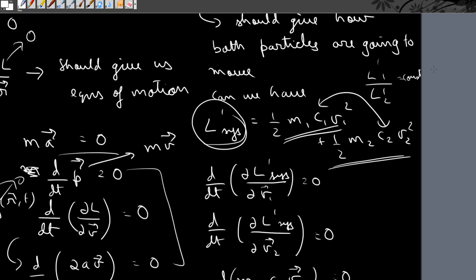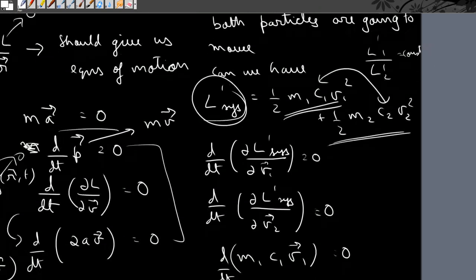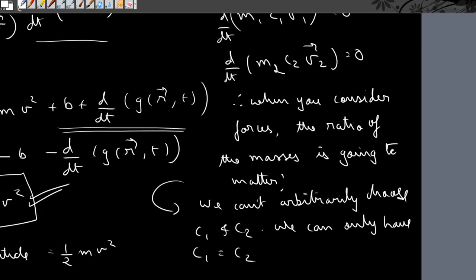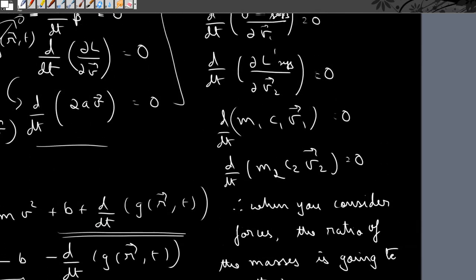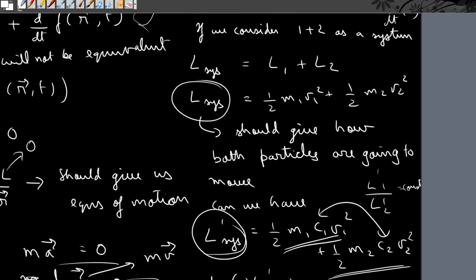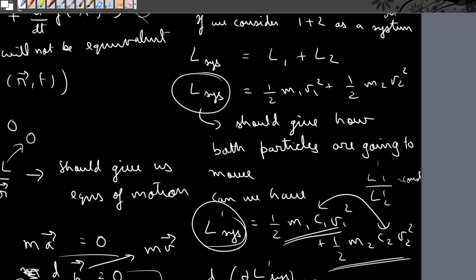That is something important to know, and it means that we cannot simply arbitrarily multiply the individual Lagrangians when we consider two or more particles as a whole system.